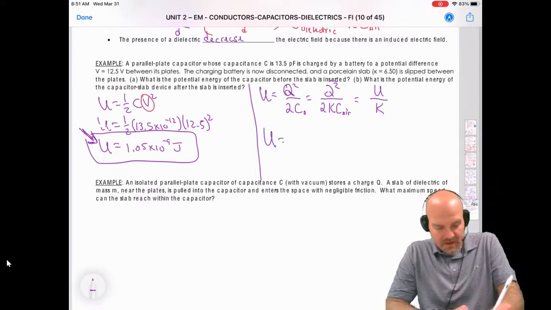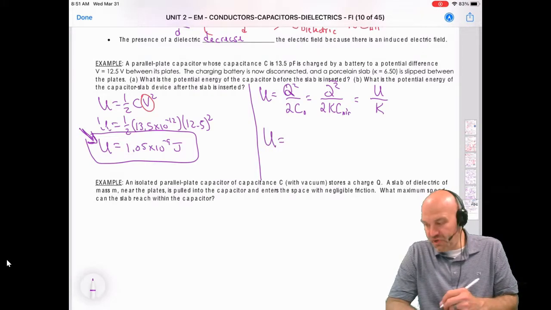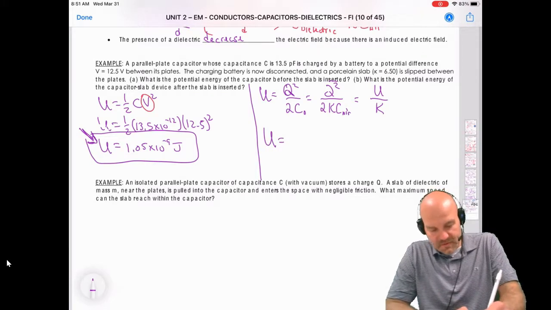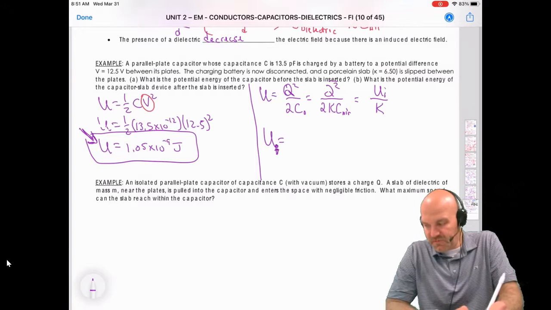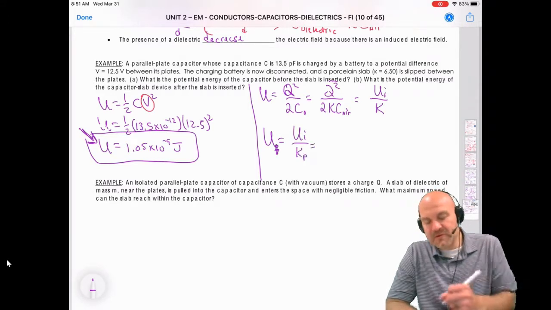All I have to do is say U final, and we'll call this one U initial. My final potential energy will be my initial potential energy over my kappa of the porcelain.